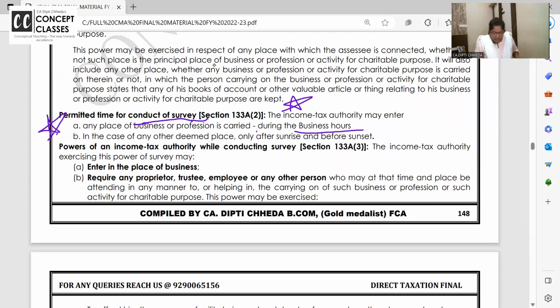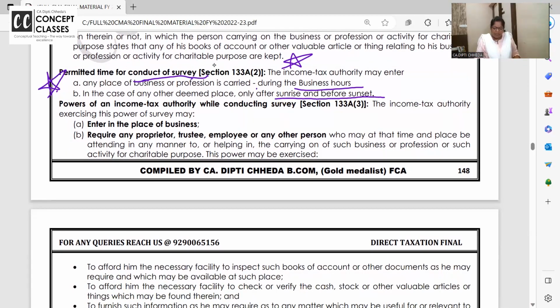In the case of any other deemed place, only after sunrise and before sunset. Do you have any doubt in timing? Survey can be done at business places in business hours. And at any other place, like half the books are at their home, then between sunrise and sunset.